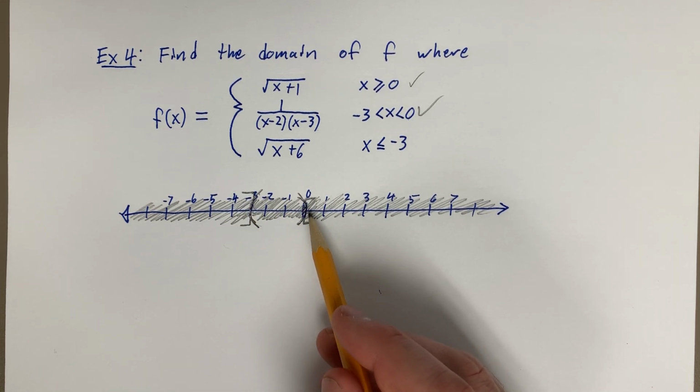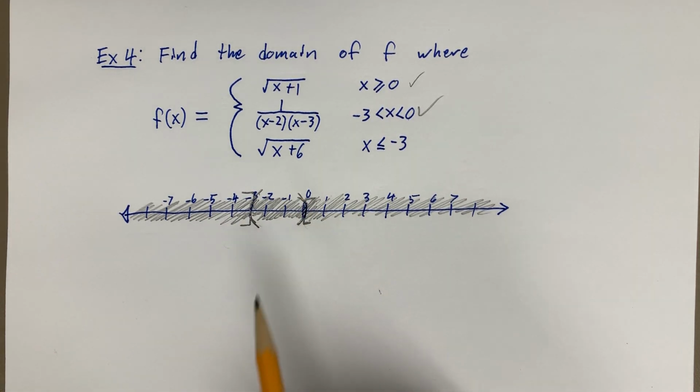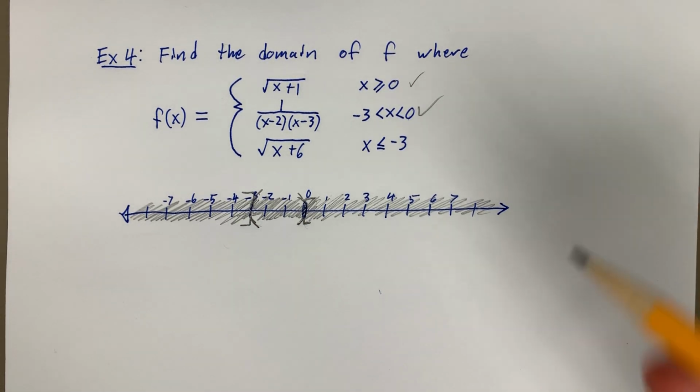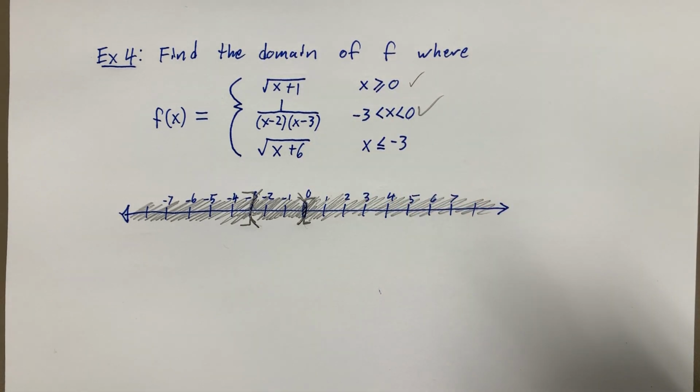Similarly with 0, I can plug in 0 because of a square bracket and a round bracket. So it looks like this thing should theoretically be defined everywhere. Now let's see if any of our pieces have breakage in them, i.e. division by 0 or square roots of negative numbers.